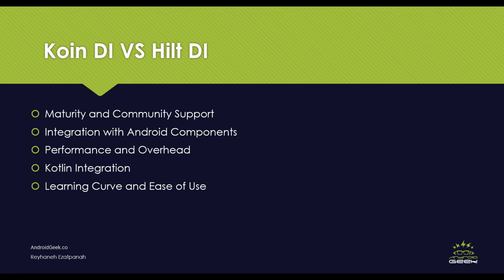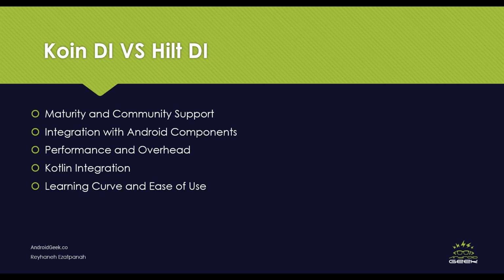The next thing that I want to mention, integration with Android component. Hilt dependency injection offers seamless integration with Android components, providing annotation and feature specifically designed for Android, such as view model injection and activity or fragment injection.